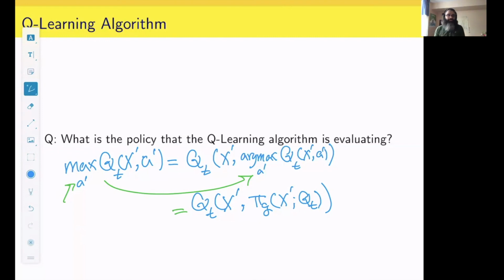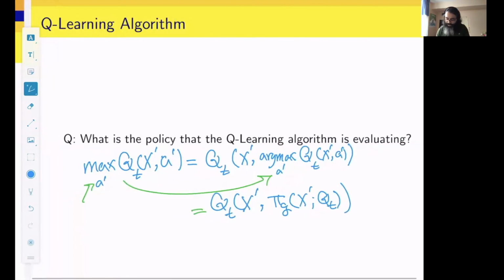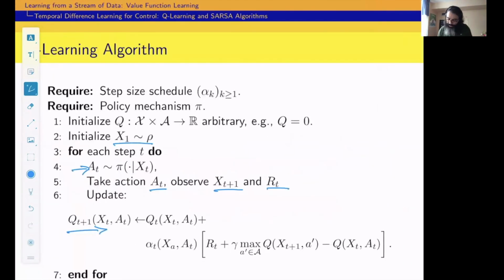Perfect. It's an off-policy algorithm because the behavior policy selected here, pi, might be the same or might be a different policy from the greedy policy. In practice, people often use a policy that is very related to the greedy policy of the current Q, but in order to have some exploration, they use an epsilon-greedy policy.